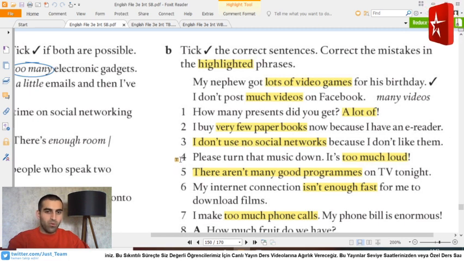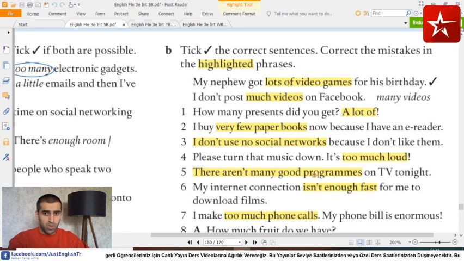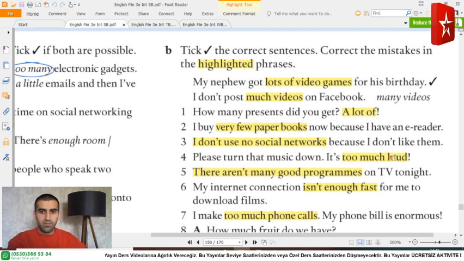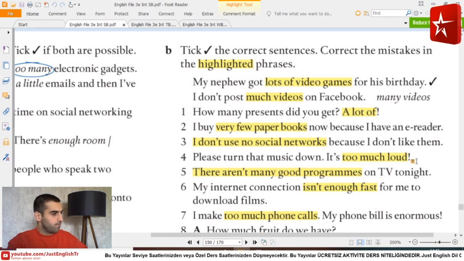Okay. Number 4. Please turn that music down. It is too much loud. So number 4, please turn that music down. It is too much loud. Is that correct or not? Okay.